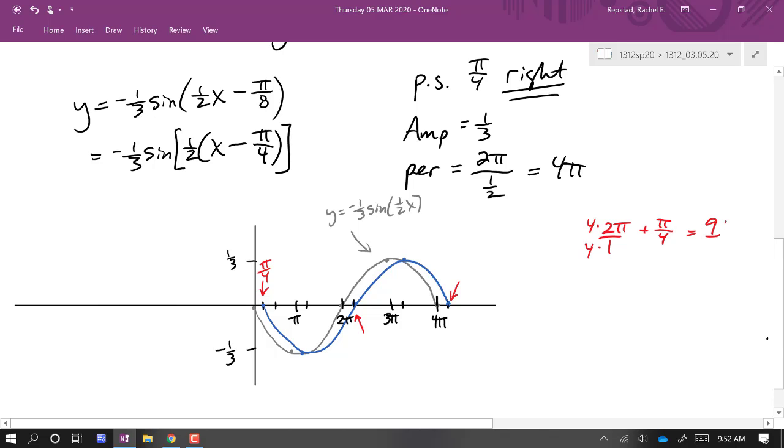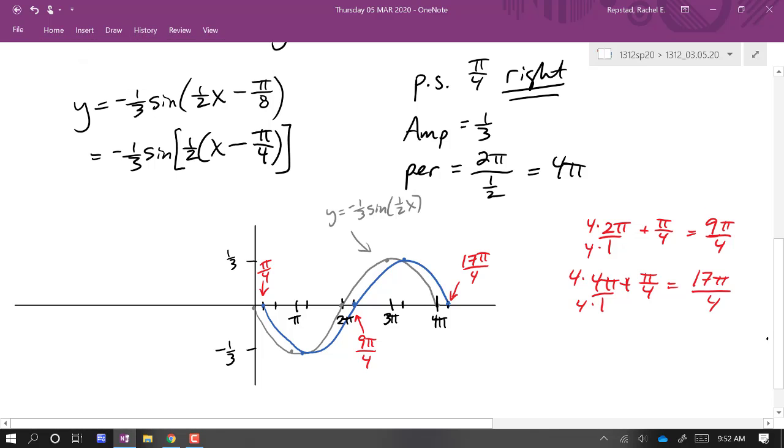That's 9 pi over 4. 4 pi plus pi over 4. It's 4 pi over 1 plus pi over 4 is 17 pi over 4. So those are our x-intercepts.